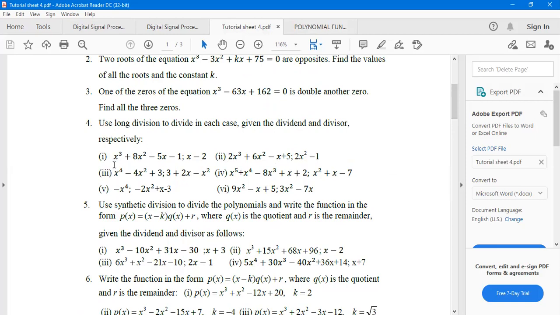For example, if you have a polynomial of degree 4, then you need to have 5 terms in that polynomial. If you have a polynomial of degree 3, then you need to have 4 terms. If you have a polynomial of degree n, then you need to have n plus 1 terms of that polynomial.